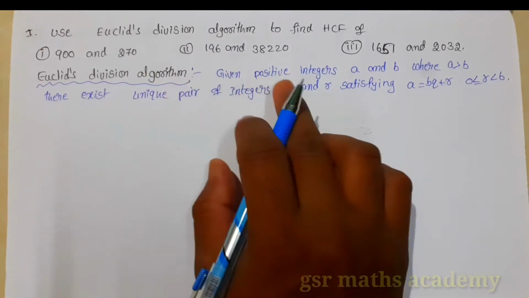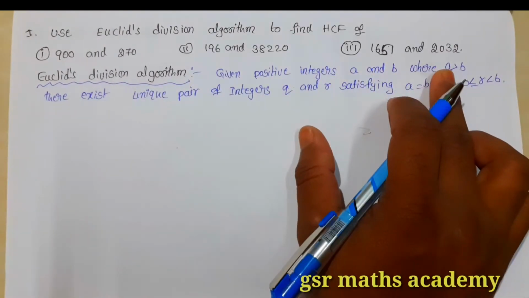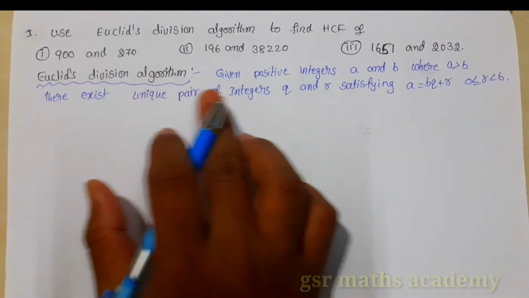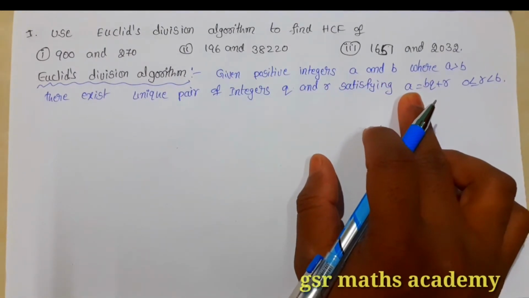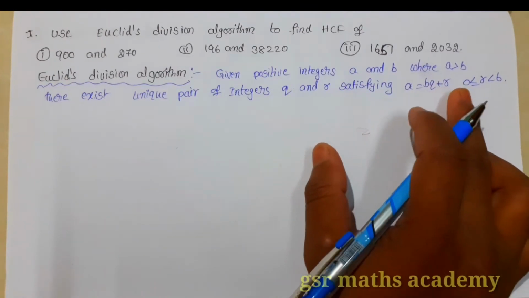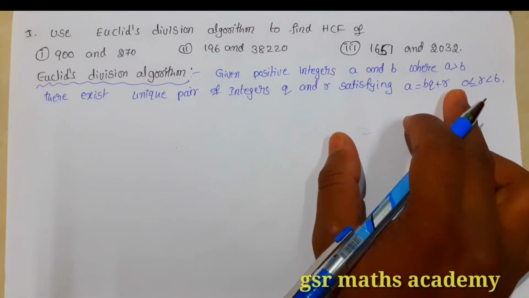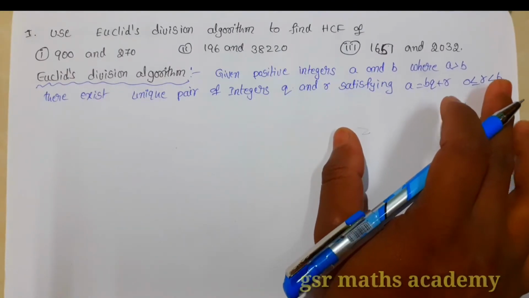It says that for any given two positive integers a and b, where a is greater than b, there exists a unique pair of integers q and r satisfying a is equal to b into q plus r, where 0 is less than or equal to r, which is less than b. So this is the Euclid division algorithm. What does that mean?